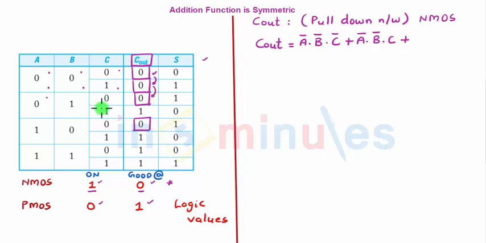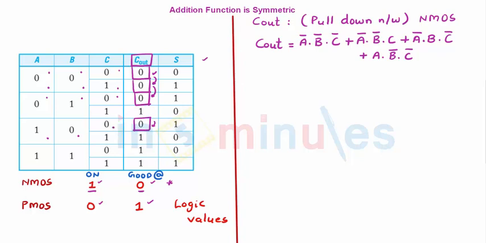If A is 0, B is 1, and C is 0: A is 0 means A bar, B is 1 so keep it as it is, and C is 0 so again C bar. Or this case, so again a plus. A is 1, so we can keep A as it is, and B is 0, and C is 0, so B bar and C bar. We are talking about this case. Great, so we got Cout for the pull down network NMOS from the truth table.